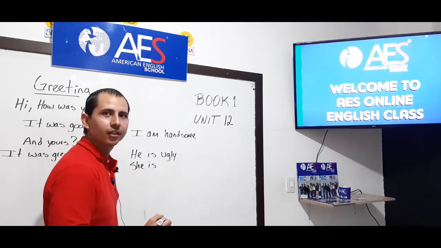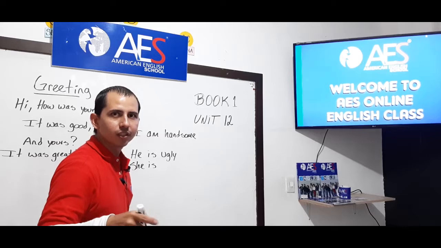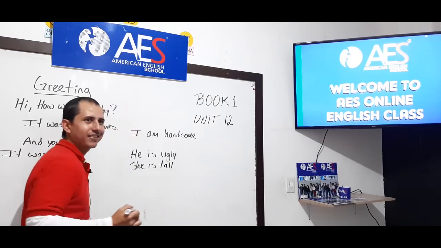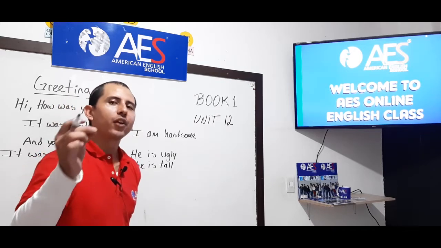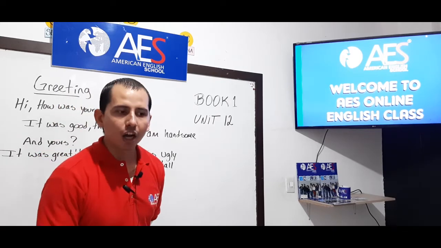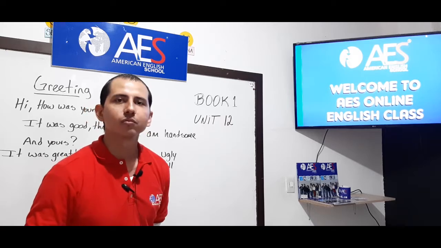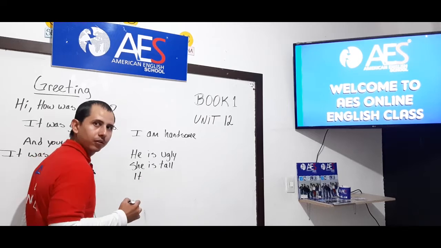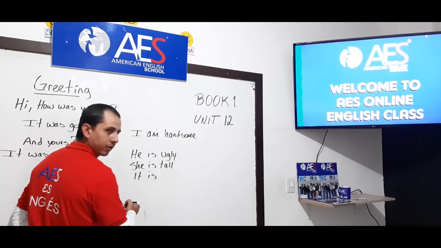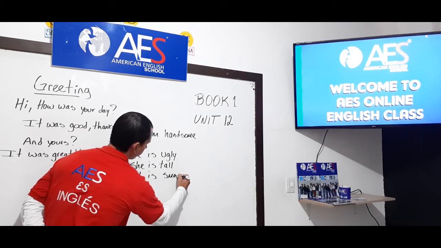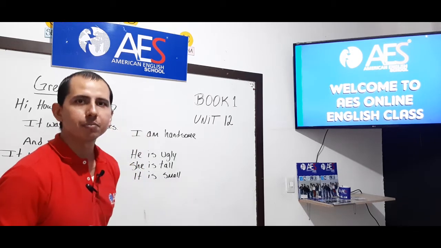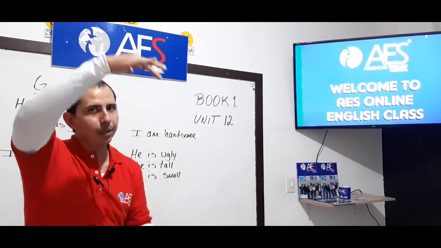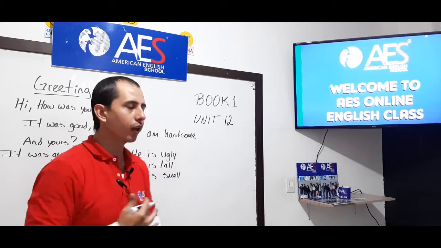She is tall, vocabulary from the book. And if we're talking about a pet, a dog, cat, horse, what is it? It is small. It is a small dog or a big dog. Yes? Okay. Let's continue.